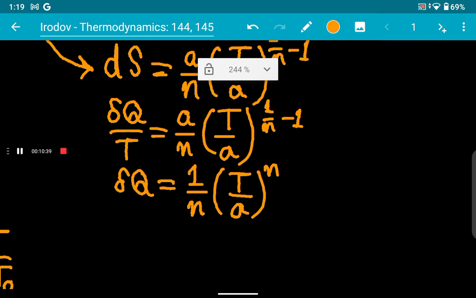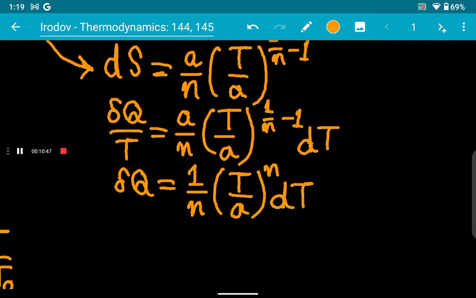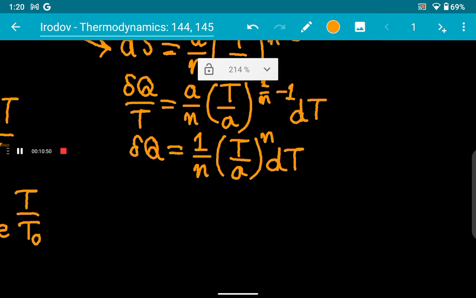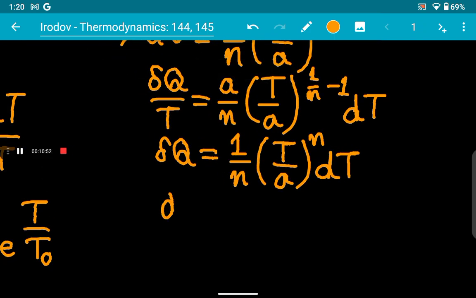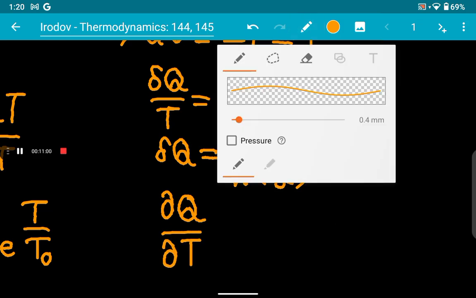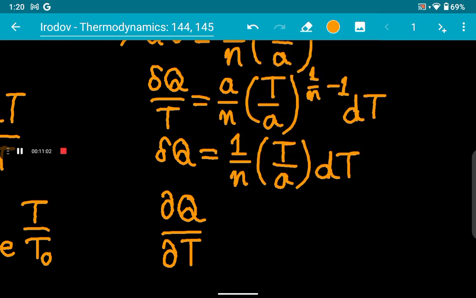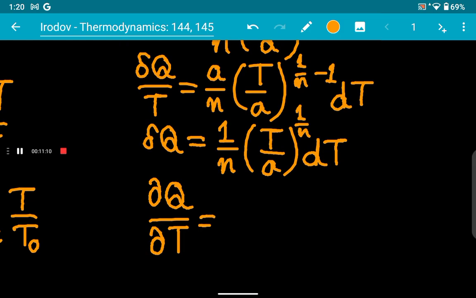And I just forgot one thing here, there will be a dT here. Now we can take the dT to that side. I have done another small mistake, this is supposed to be 1 by n. Now it seems perfect. T by A to the power 1 by n.